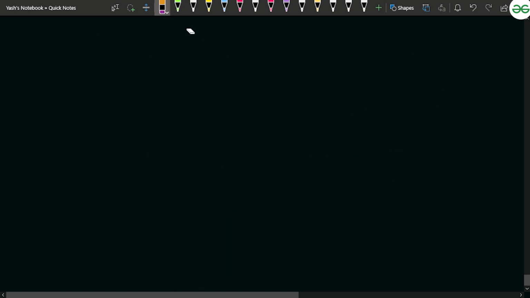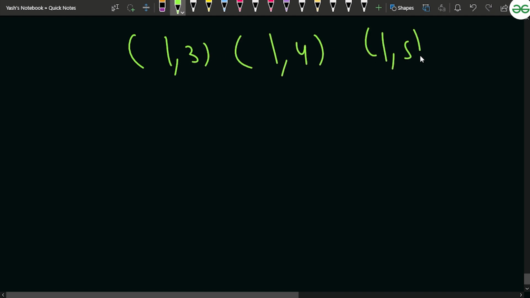Now let's try and understand. Let's say we have been given a case where we have 1 comma 3, 1 comma 4, and 1 comma 5, right. So what you will do in your map, initially you will have this, right. Let's say counter 1 you are considering as the number of points that have the same x-axis, right. In that case you will keep on incrementing in your map.